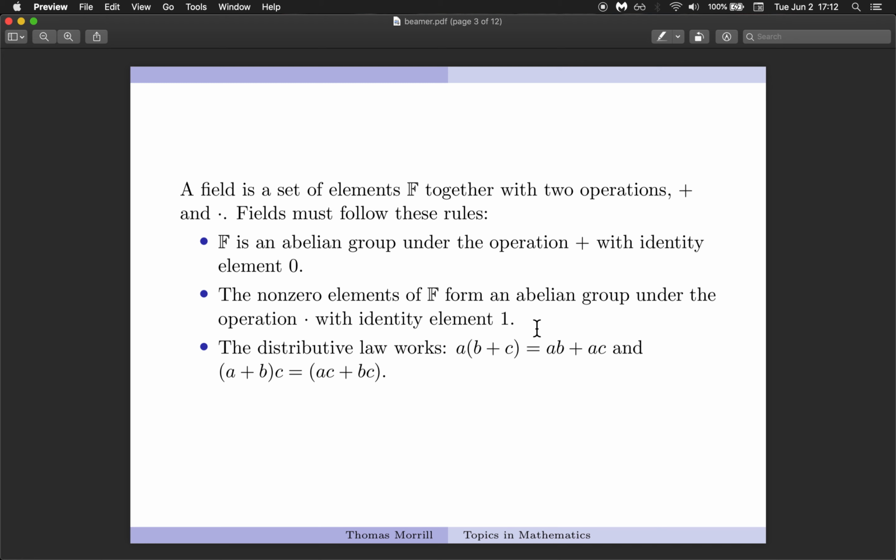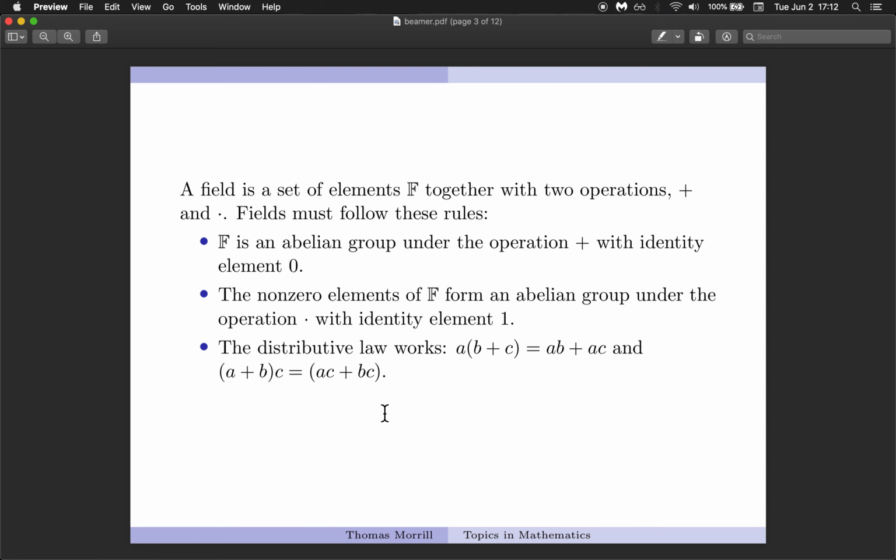The order that you multiply two different things in does not change the result of your calculation. 1 times anything, call it x, gets us back to x. And any non-zero element has some multiplicative inverse, right? This is the way that we are going to handle division. We'll just say that there's something in there we can multiply times x, and that will get us back to 1.